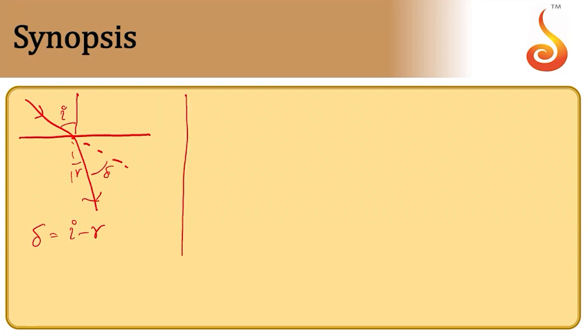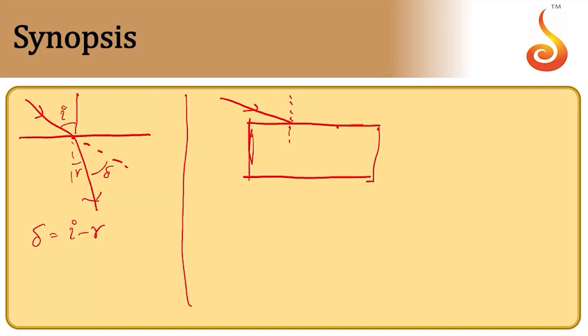If I consider such a refraction to take place from a parallel sided slab or block, then what exactly happens? Let us see. The ray of light is incident here, it undergoes refraction, and it has traveled from rarer to denser medium, therefore it moves towards the normal, and then it gets out traveling from denser to rarer medium, therefore it moves away from the normal.